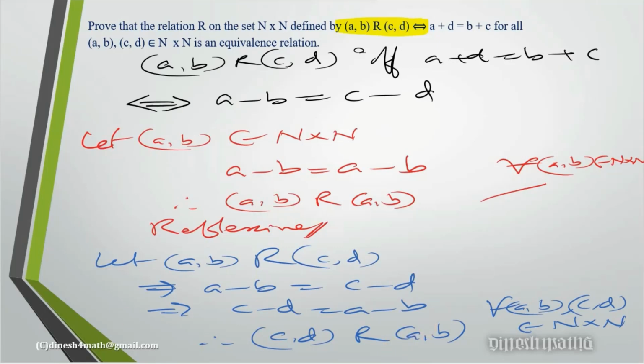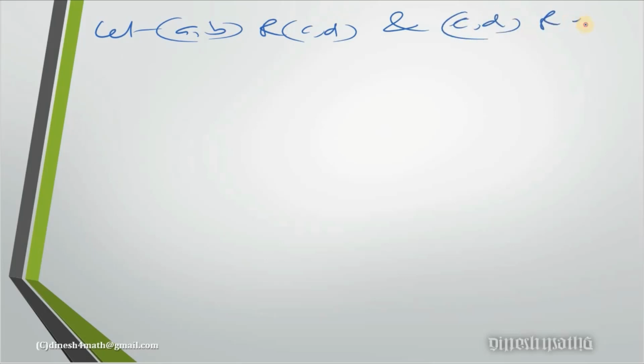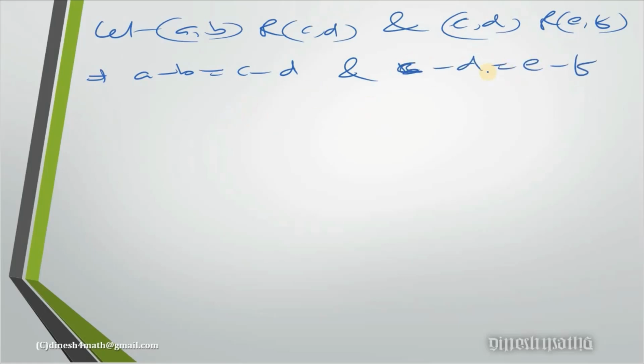Now for the third part, let (A, B) be related to (C, D) and (C, D) be related to (E, F). So this is A minus B equal to C minus D, and C minus D is equal to E minus F. If you combine these two equations, what will you get?